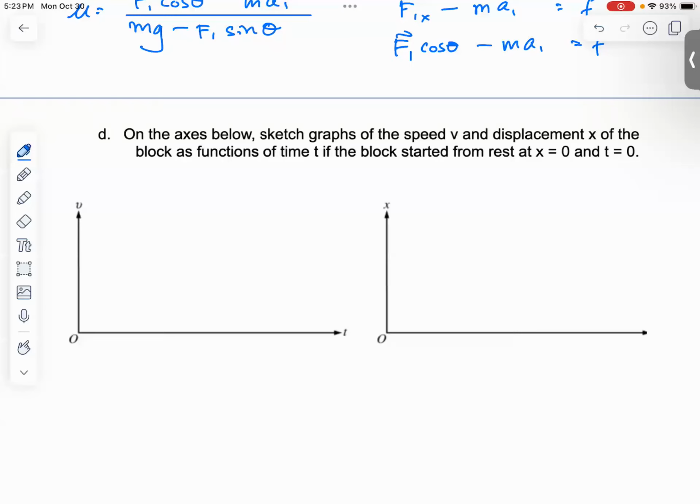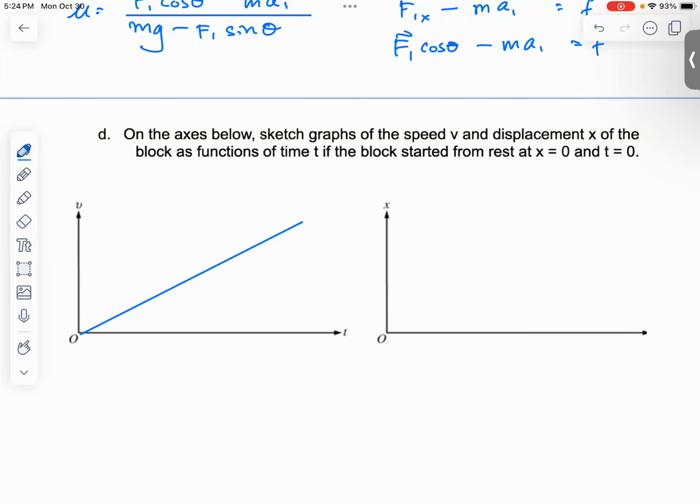What is the main feature that you must exhibit on the VT graph? What kind of line should we draw, basically? Straight line, right? With a positive slope. So we can go ahead and do it this way. That will be the case.